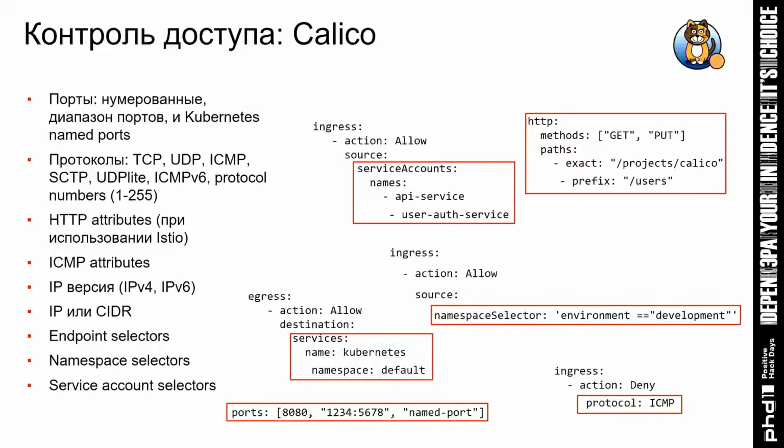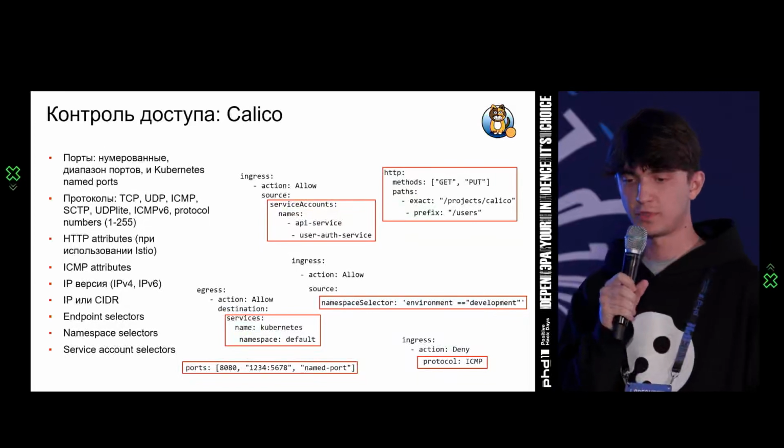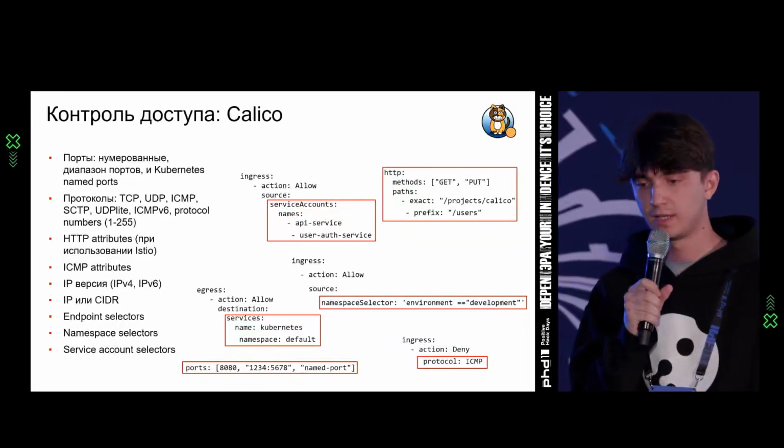In the custom network policies, they have everything that native network policies have. We can use namespace selector and port labels. But in Calico, we can also additionally use service account selectors, which is useful if you want to write a policy tied to pods that share a particular service account.